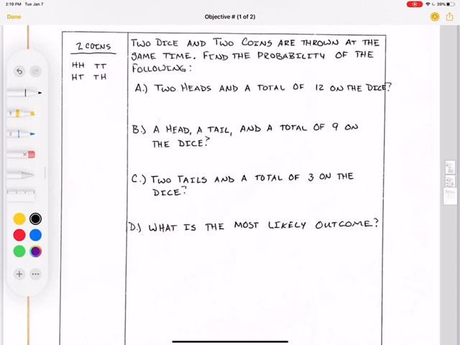So there's 4 outcomes there. If I have 2 dice, I have all of those options we just talked about in the previous example. I have 1, 1 all the way to 6, 6.